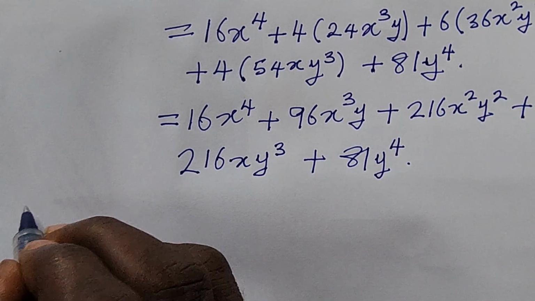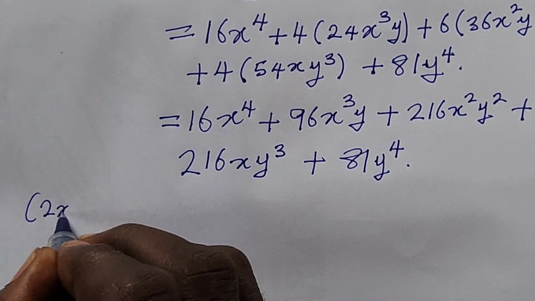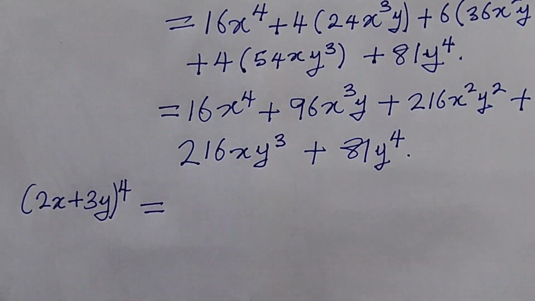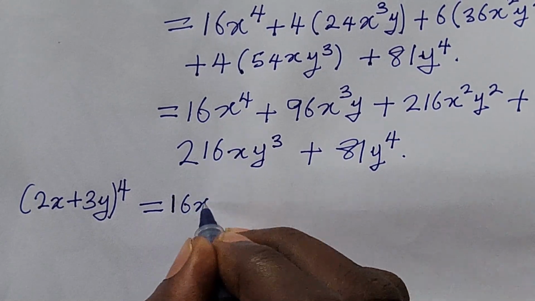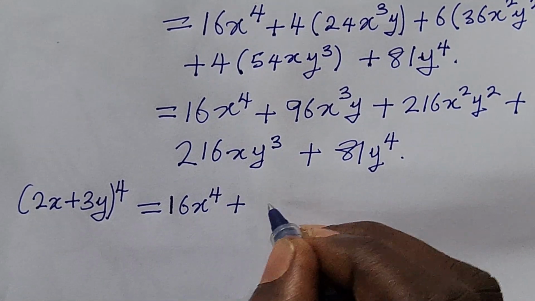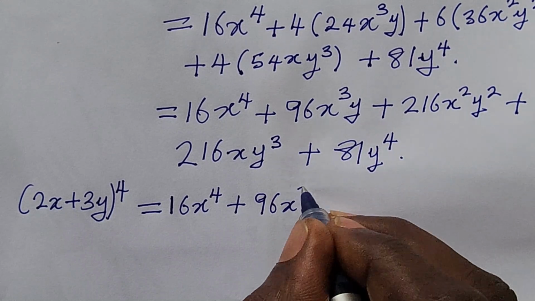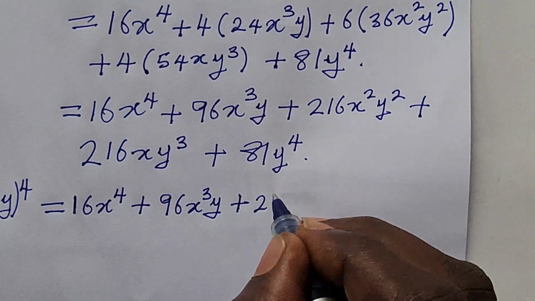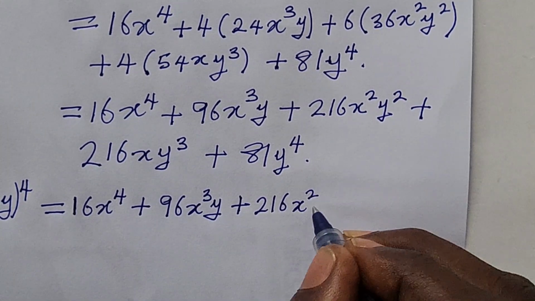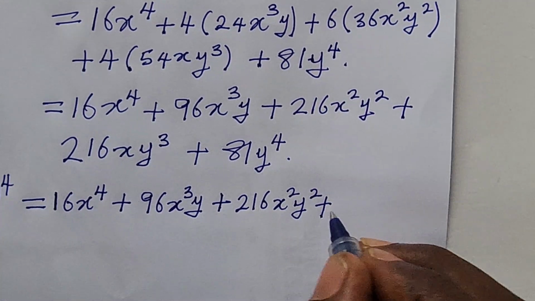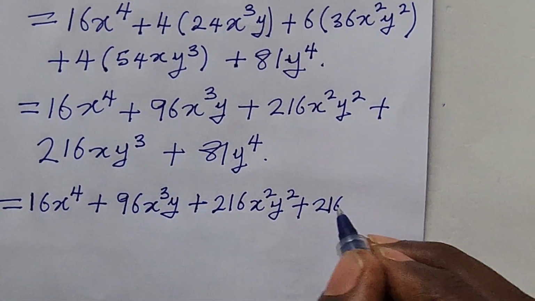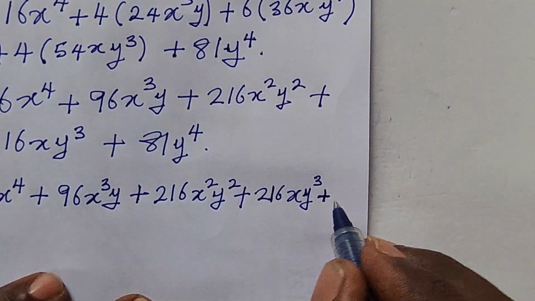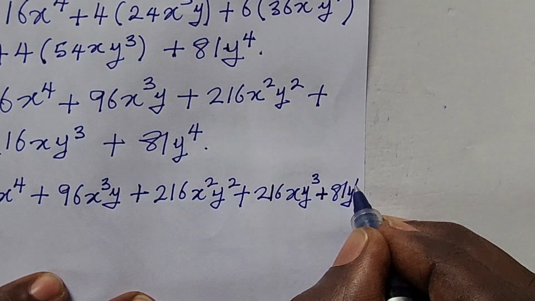Then we can now have our expression, which is bracket 2x plus 3y all to the power of 4, will now be equal to 16x to the power of 4 plus 96x to the power of 3 y plus our 216x to the power of 2 y to the power of 2 plus our 216x y to the power of 3, and lastly plus our 81y to the power of 4.